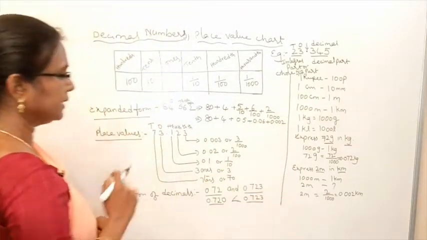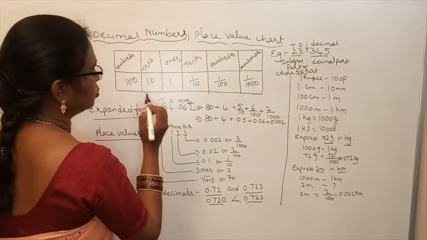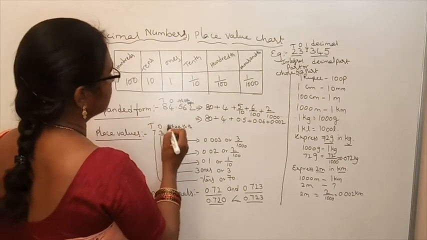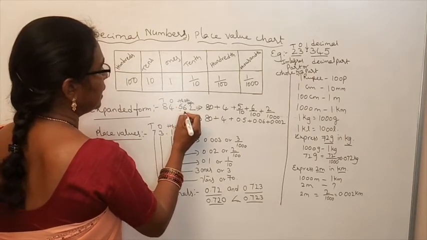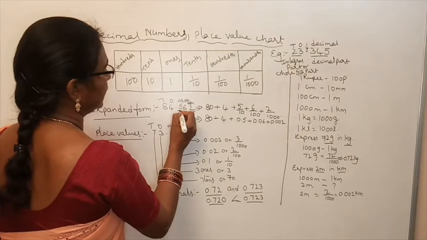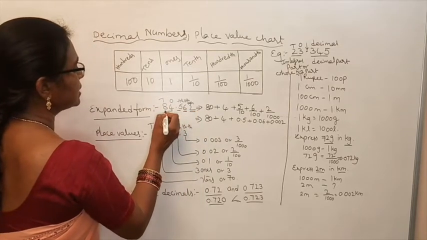Then how to write the expanded form? Take 84.562. After the decimal point, how many places are there? 3: tenths, hundredths, thousandths. In the integral part, ones, tens.